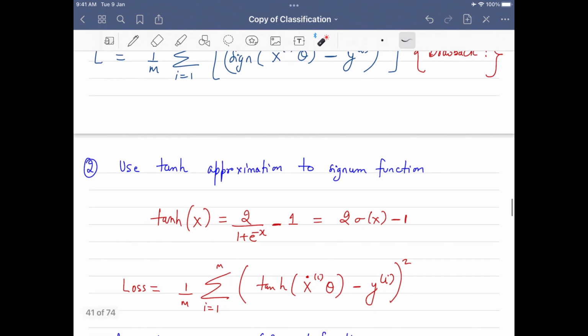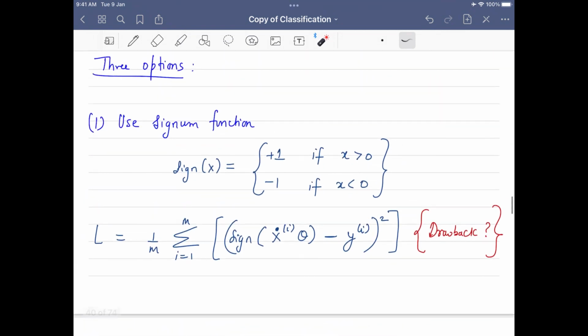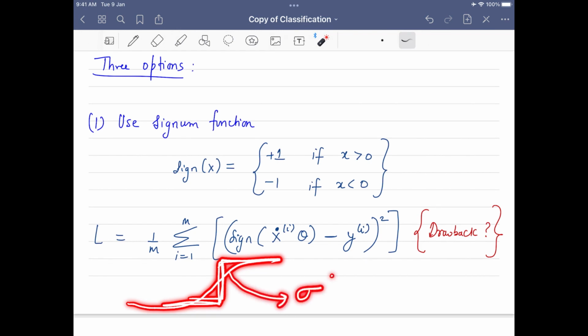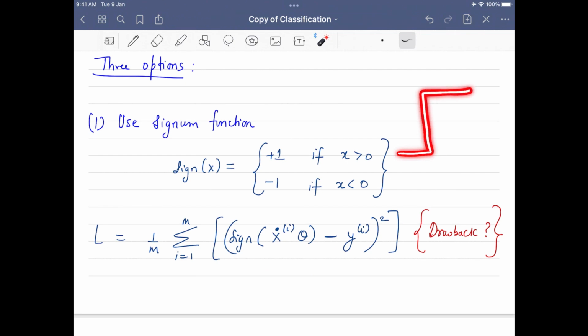The second approach: after using the unit step, I told you that this is the hard separating boundary. Let us approximate it with a softer version, and this softer version was the sigmoid, which we started out with. In a similar way, the Signum function can be approximated by the tan hyperbolic function, because the tan hyperbolic function ranges from -1 to 1.